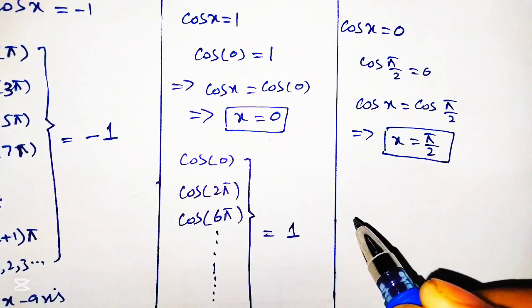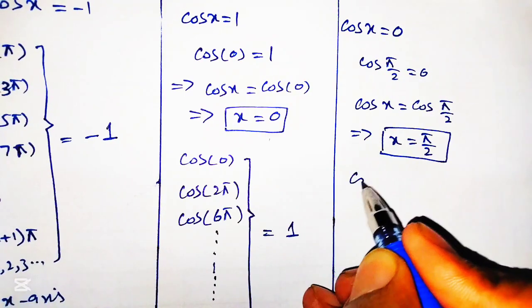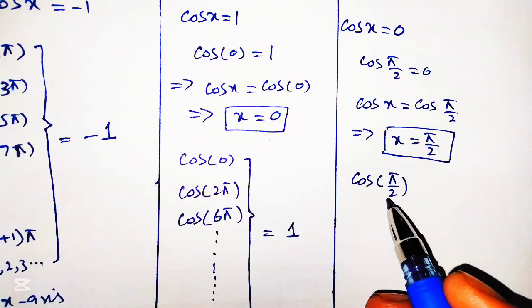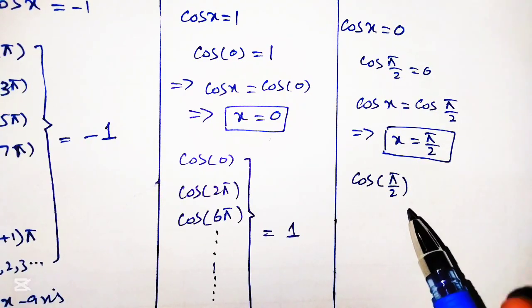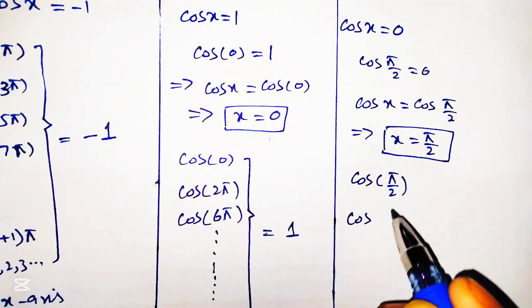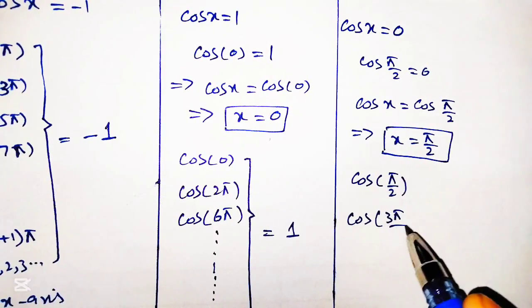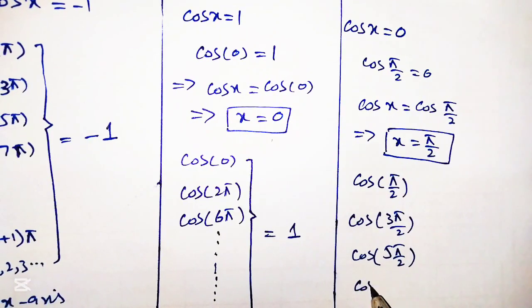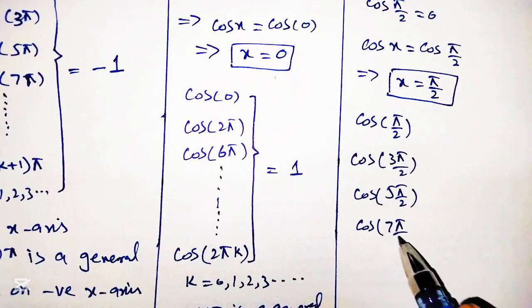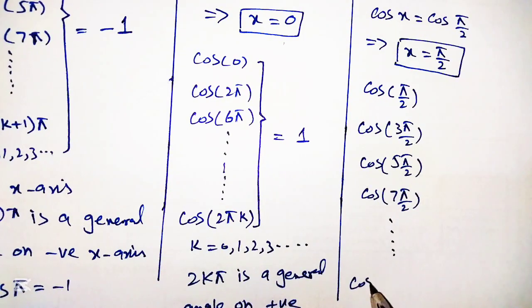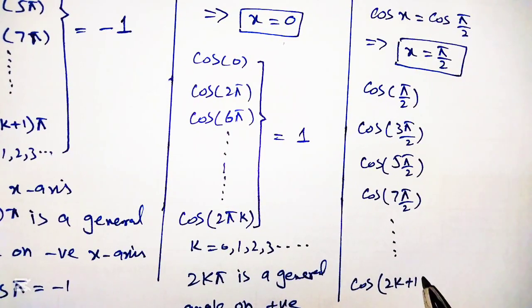Now to find the general value of x, pi by 2 is the angle on the y-axis, and cosine is 0 on the y-axis, so we will write all the angles on the y-axis, and these are cosine of pi by 2 and cosine of 3 pi by 2. Similarly, cosine of 5 pi by 2 and cosine of 7 pi by 2, and in general we can write it as cosine of (2k plus 1) pi by 2.